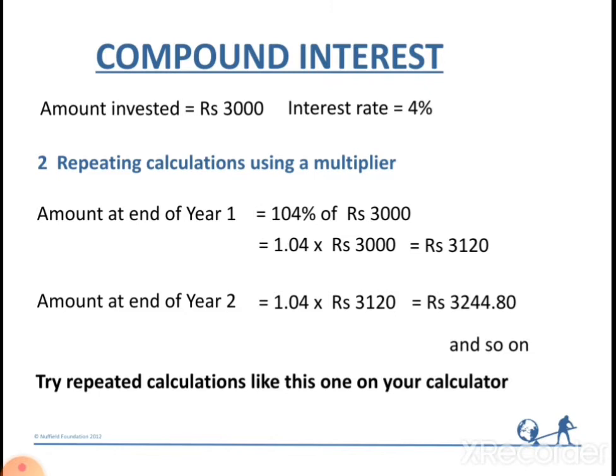If we calculate this, the answer will be 3244 and so on. Now you have to try to repeat calculations like this on a calculator for correction. If there is any problem, you can write in the comment box.